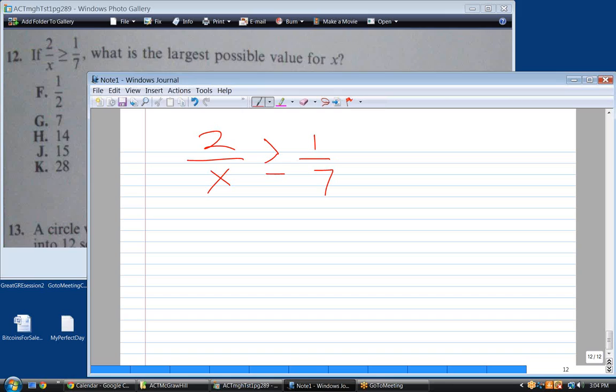So if I multiply both sides of this inequality by x, I'm not sure whether to turn the sign around or not, because when x is positive, it needs to face in the same direction it is now, but if x were negative, I would need to switch it around. So one of the things you cannot do with inequalities is multiply both sides by the variable.